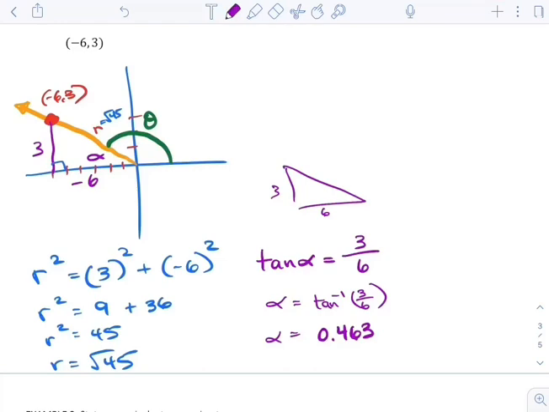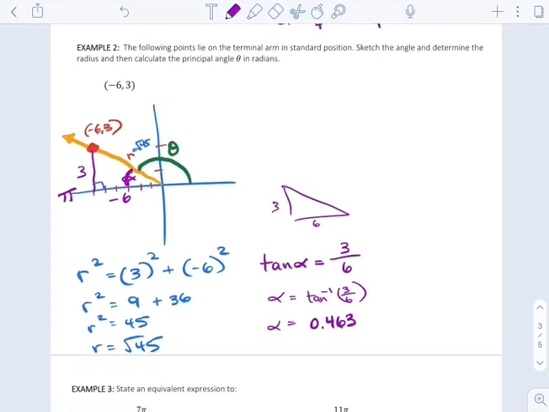So from there, what do we do? Well, I can take this number, which is the angle that we have right here, and subtract it from pi, because pi is one half circle. So our principal angle must be equal to pi minus 0.463. Put that into our calculator.